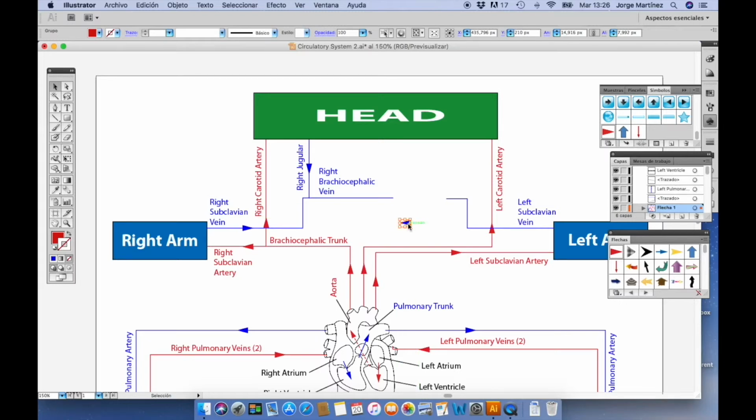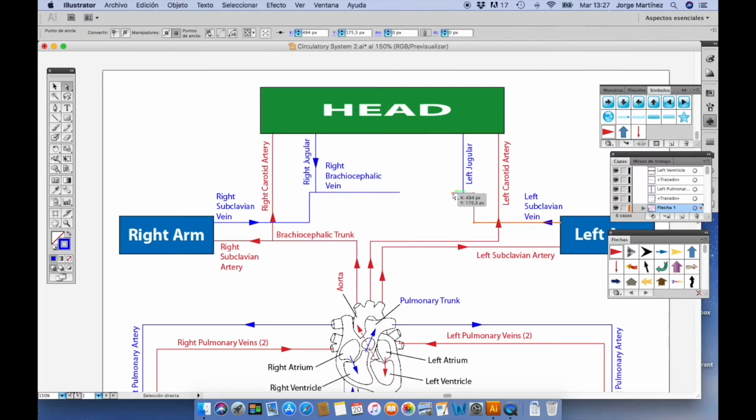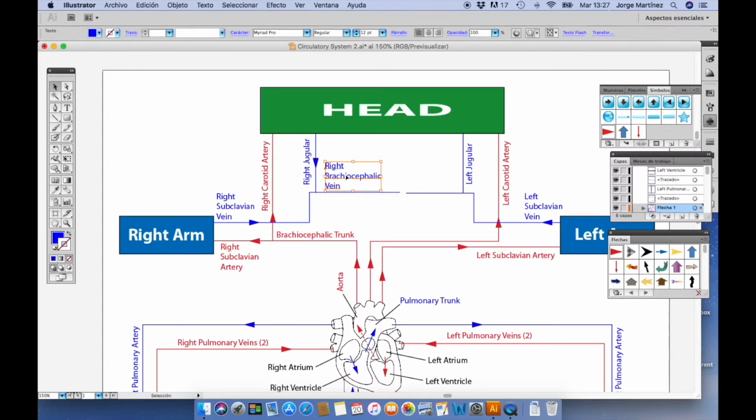The blood from the left part of the head descends through the left jugular vein. The left jugular vein and the left subclavian vein join, forming the left brachiocephalic vein.